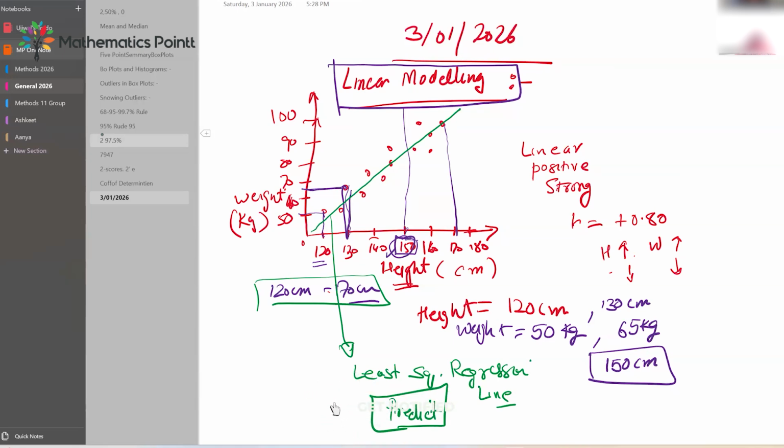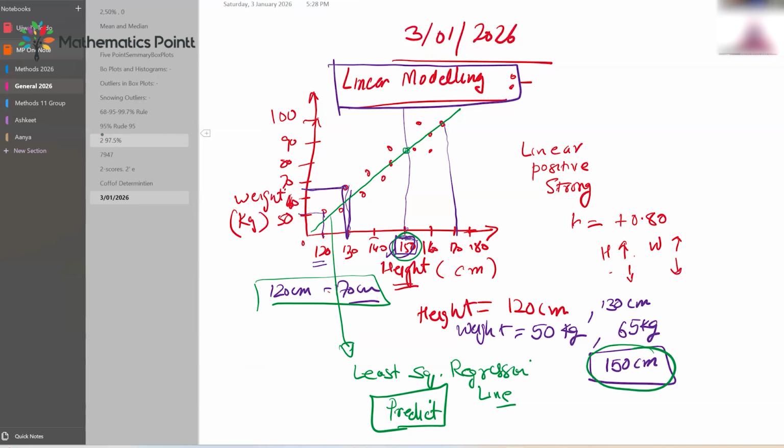Are you guys getting it or not? What I'm just saying? Yes or no? I need to see a nod. Right? Cool. Now, let's try to find the weight of the person with 150 centimeters of height, because this person was not there in my experiment. So I'll go to this height and draw the line.